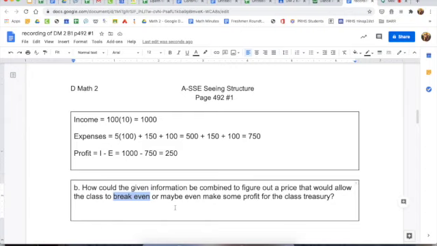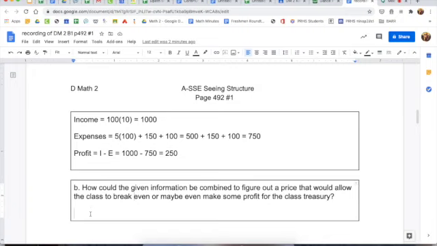But notice that at the break-even point, income and expenses will be the same, so that when we subtract I minus E, we get 0. The profit equals 0. But what that means is that we know that on one side of that break-even point, we're losing money, but on the other side of that break-even point, we're making money.